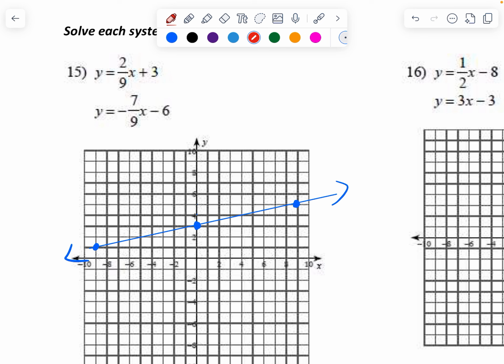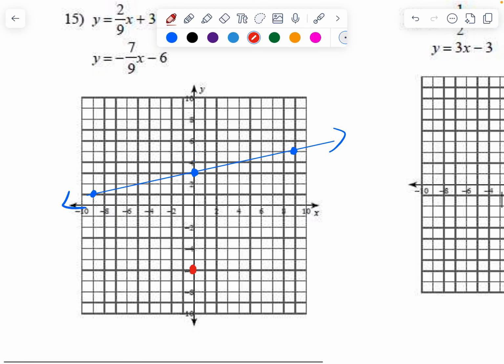I go down to -6 and plot a point. It's going to be -7/9, so I'm going to go up 7, 1, 2, 3, 4, 5, 6, 7, and I'm going to go over 9. Well, that worked out very nicely. So the solution to this is -9, 1.